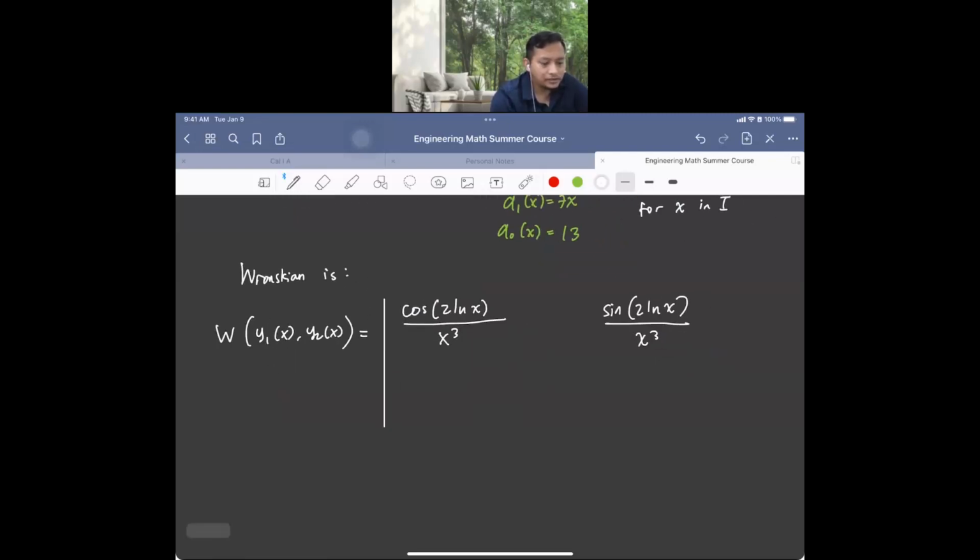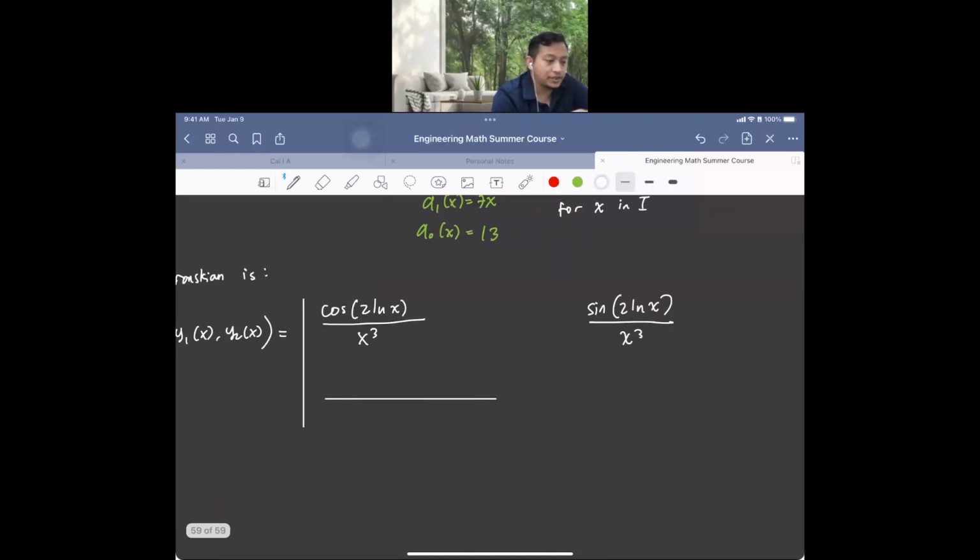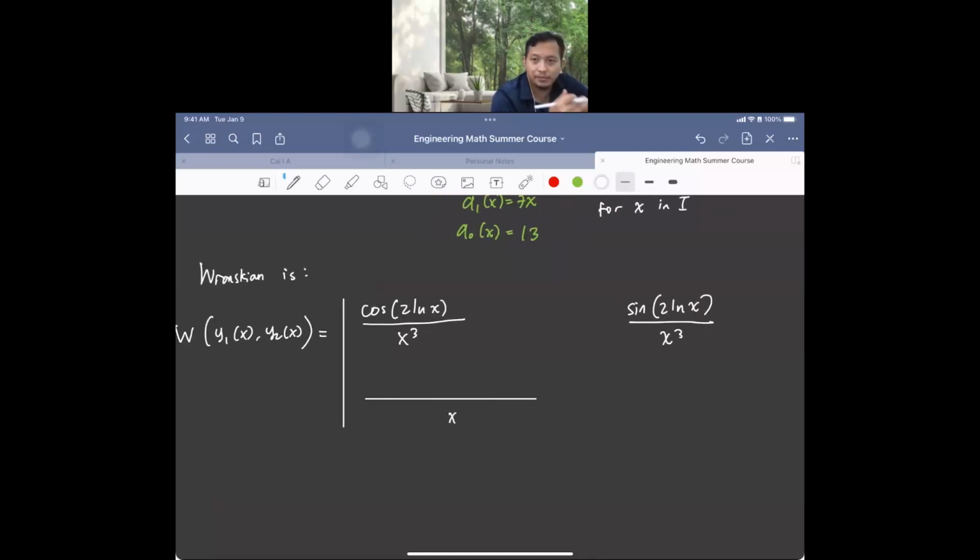And of course, the second row is supposed to be the derivative, right? But let me just write the derivative, and you can just use a calculator to check whether it's correct or not. This is just an illustration of how messy the Wronskian can be if you are not careful. So we are having the quotient rule, right? So this will be negative 2x squared sine minus 3x squared.